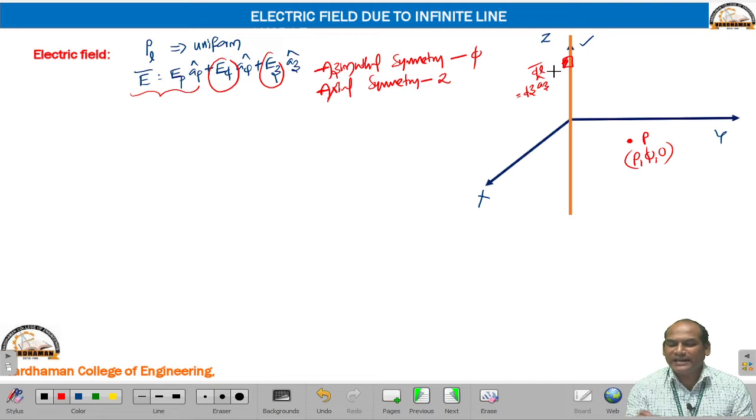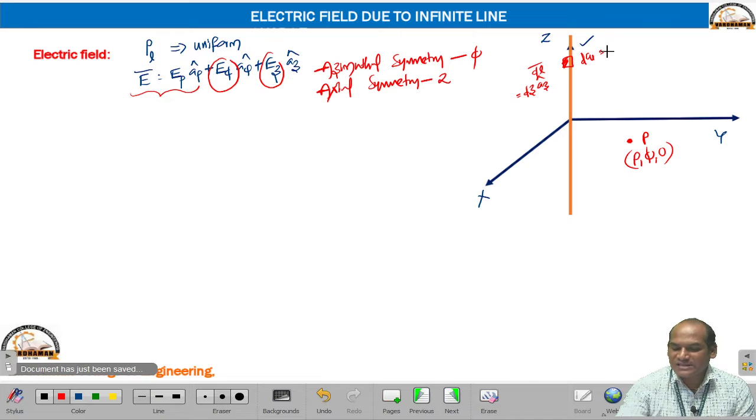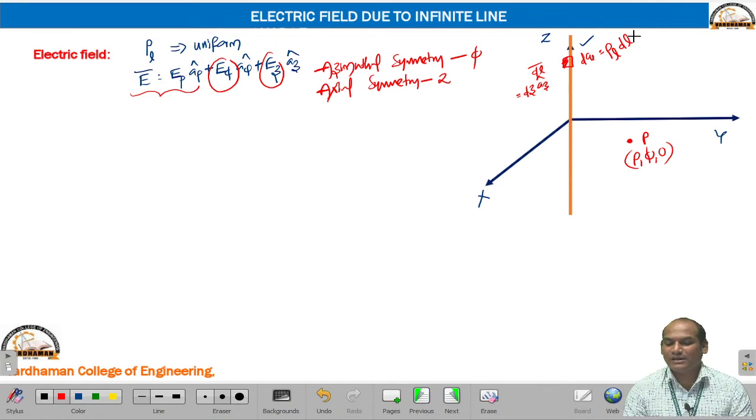If the dl is shrinking to a point, then we can consider it a point charge. So that point charge is given by dq, the differential charge because of the differential length dl at that place. Since we are working with line charge, it has line charge density rho l. If rho l is multiplied with dl, then you have the charge available in that dl.